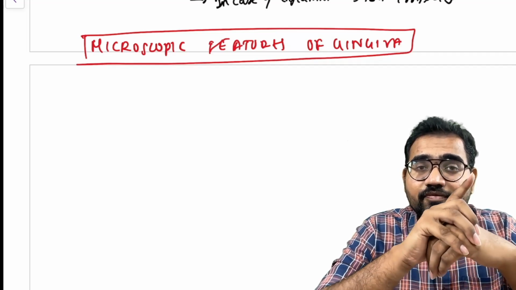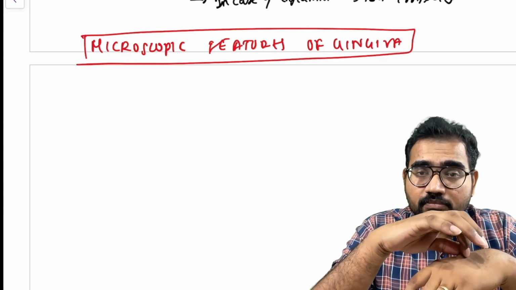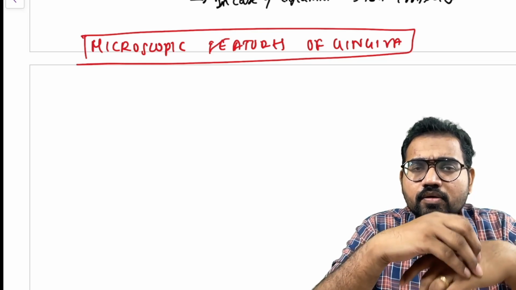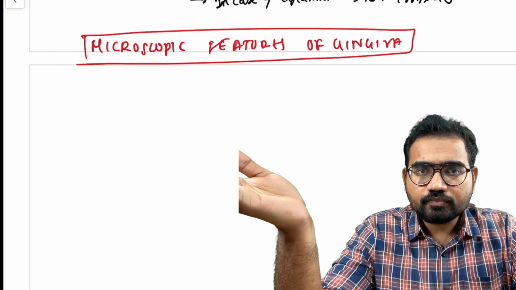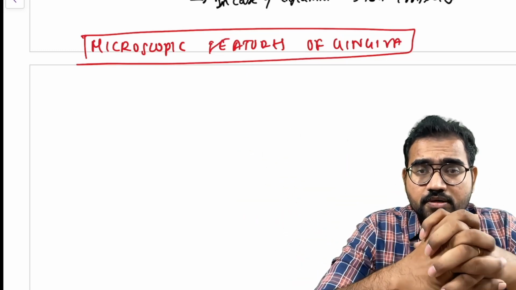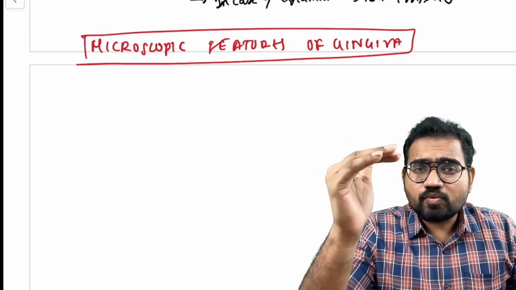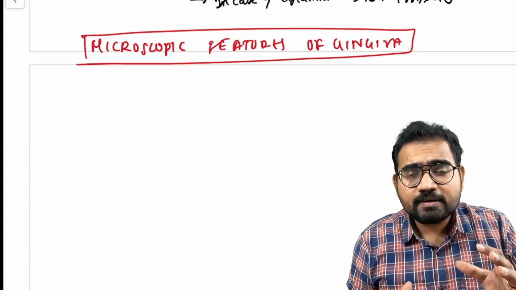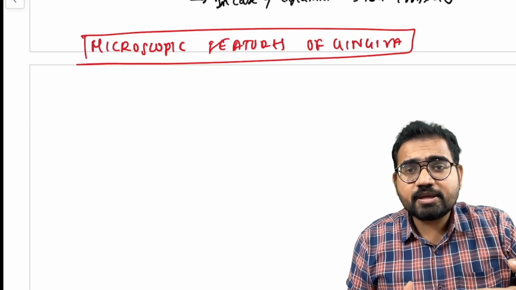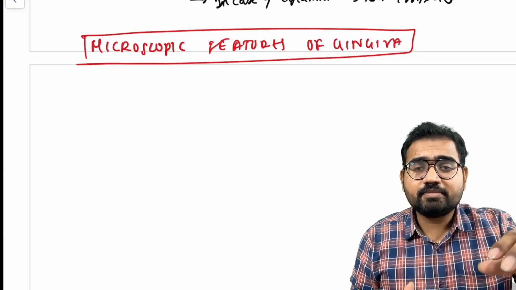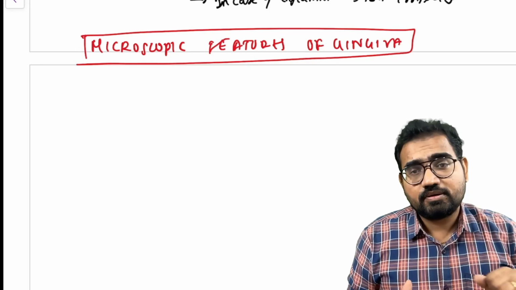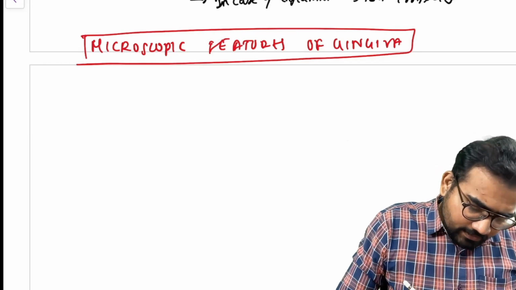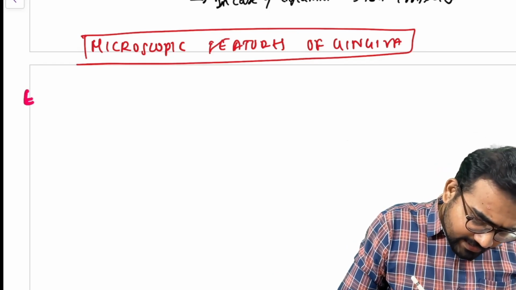Imagine if an epithelium is not keratinized, will it have a waterproof barrier? Obviously no. That is what is happening in gingiva. We'll just see how the process of keratinization takes place, and I'll tell you why the junctional epithelium or the sulcular epithelium differs from your keratinized epithelium. Okay, first of all I'd like to tell you any epithelium.